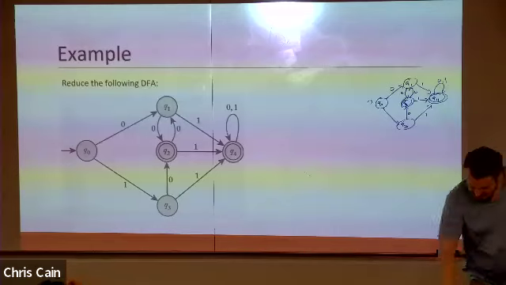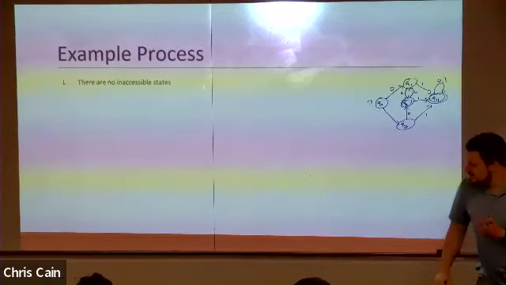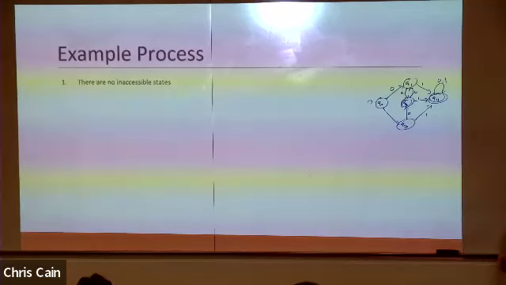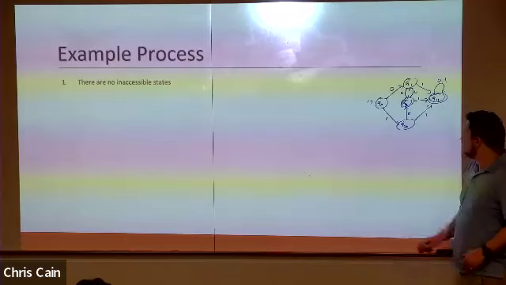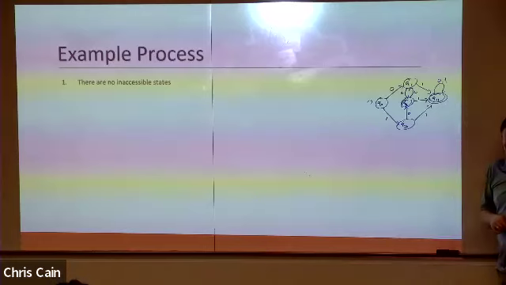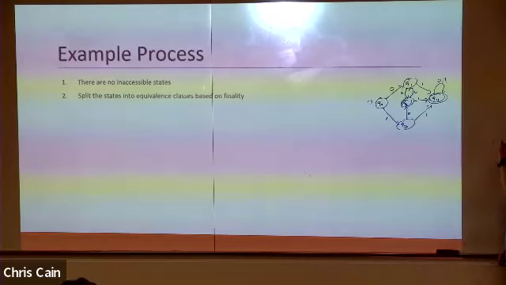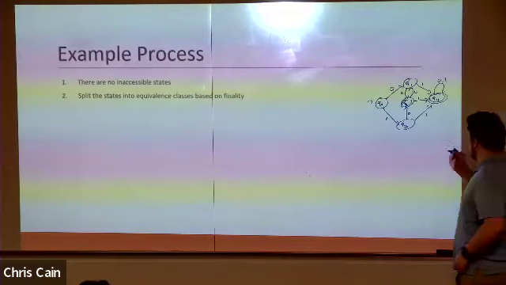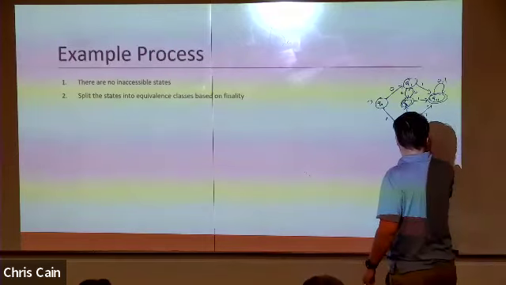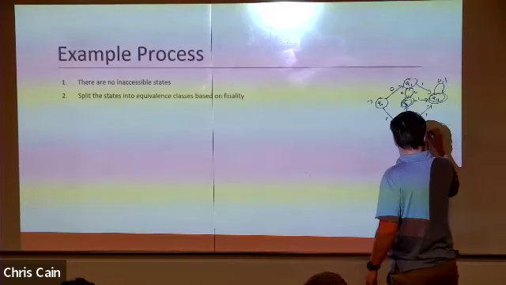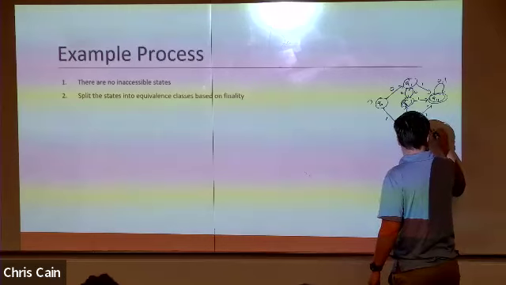All right, let's actually go through the process then. So first thing to figure out, are there any inaccessible states? No, we can figure that out pretty quickly. We want to split the states into equivalence classes based on finality. So I'm going to create a little table here, it's going to start out as final and non-final.